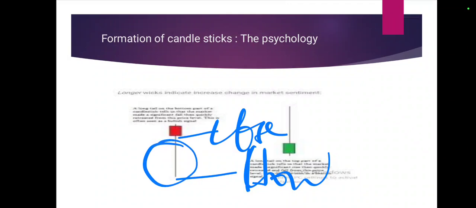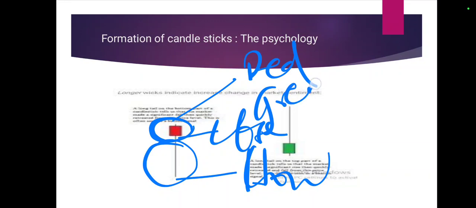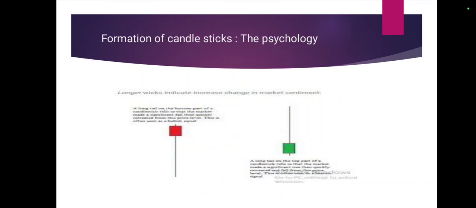Another thing about this psychology is that the color of the candle doesn't matter. It can be red or green. You just need to understand what it means: there are a lot of sellers here in the market. They are the ones that push the market and made it close with the small body. That is the only thing.